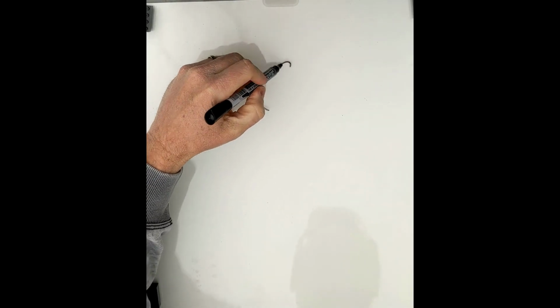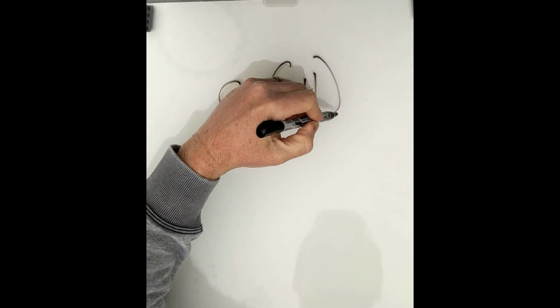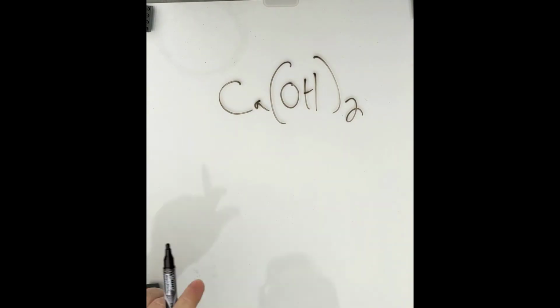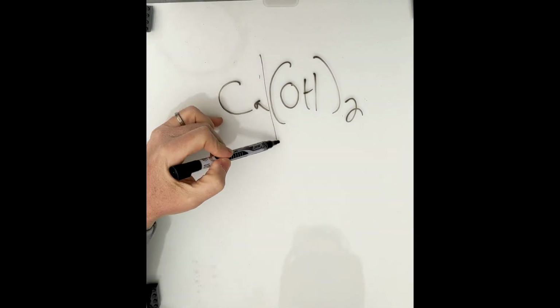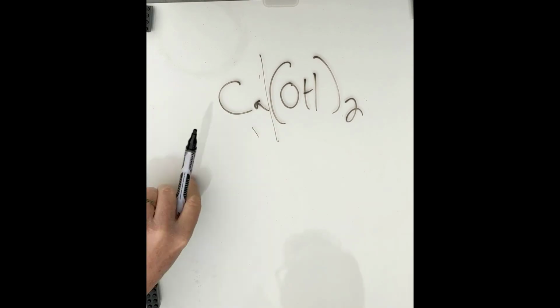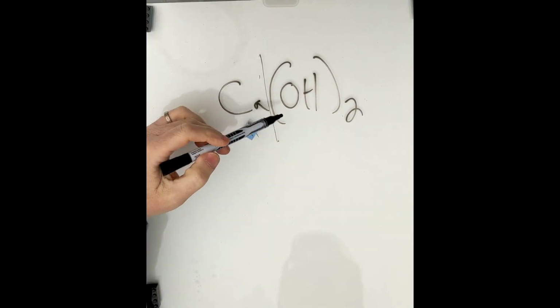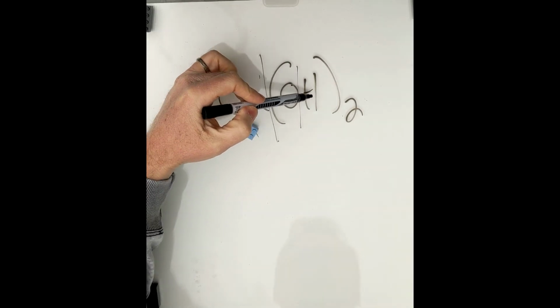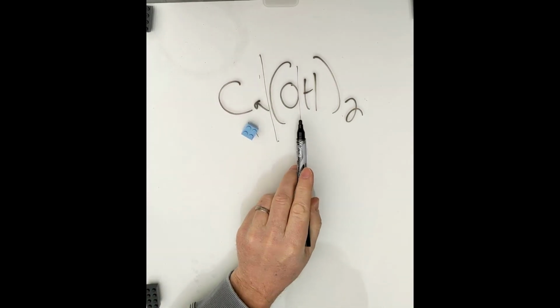Let's look at a couple that have parentheses just to, again, reinforce how that works. Here's calcium. That's an element. No subscript there. So let's make the light blue calcium. Then in the parentheses we have oxygen, hydrogen, 2 capital letters.